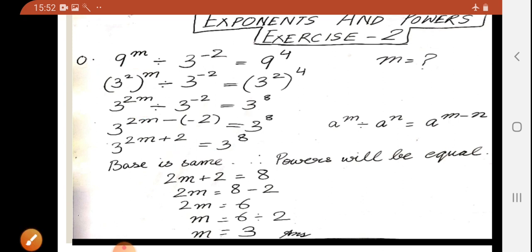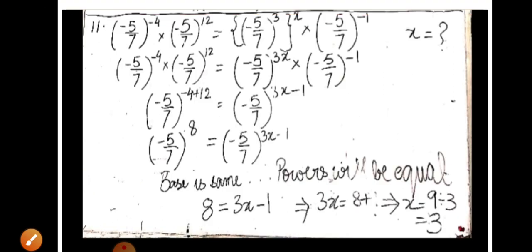Now next question. Minus 5 upon 7 to the power minus 4 into minus 5 upon 7 to the power 12 equals minus 5 upon 7 to the power 3 whole to the power x into minus 5 upon 7 to the power minus 1. Again we have to find the value of x.